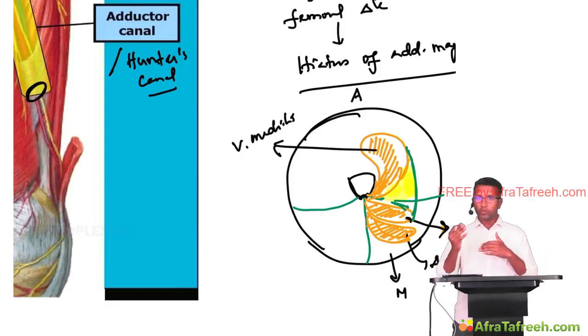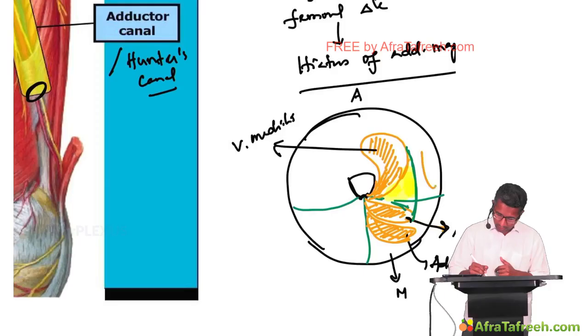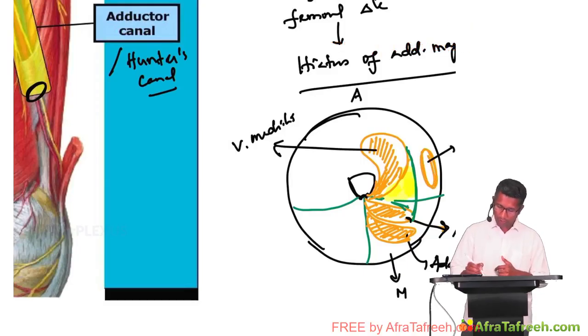Over the roof of the adductor canal there is a muscle sitting here, which is nothing but the sartorius muscle.